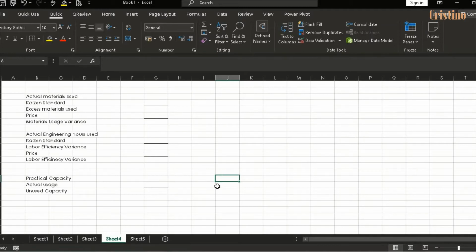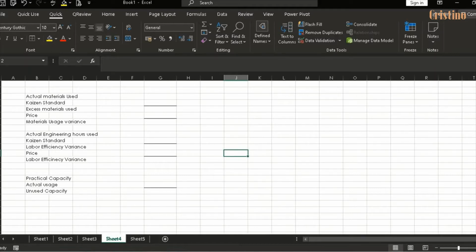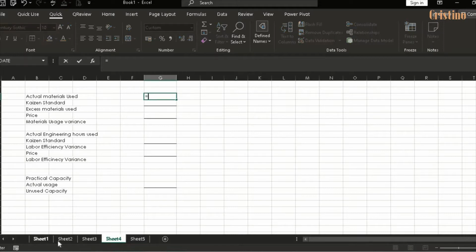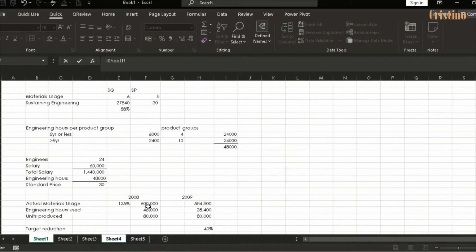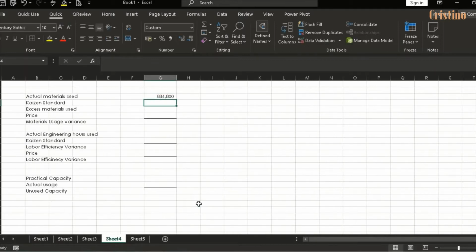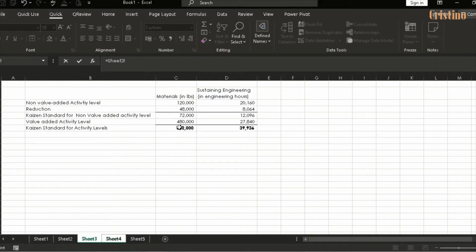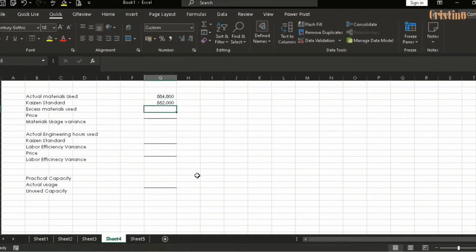Our next requirement is to compute the materials usage variance and the labor efficiency variance. And for the sake of the analysis which we are going to do later, we're going to compute the unused capacity variance for sustaining engineering. To calculate the materials usage variance, we're going to get the actual materials used for the year 2009, which is 584,800. We're going to deduct from that the Kaizen standard for the materials used. The Kaizen standard is equal to 552,000 pounds.